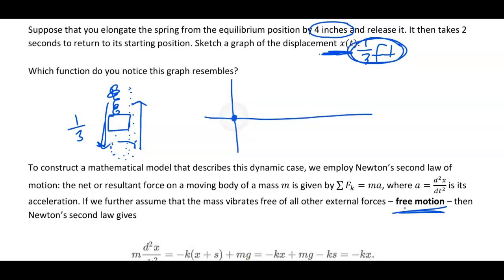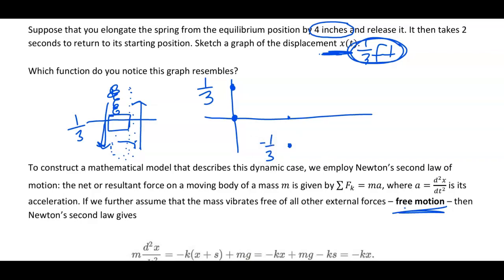X of 0 is positive 1/3 of a foot. It just so happens, because of that equal mass times gravity, K times S, when you're here at equilibrium, that it's going to go down to negative 1/3.